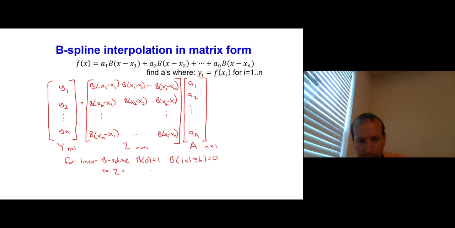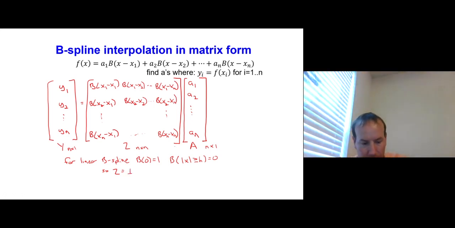And when we do that, Z simplifies down just to the identity matrix. And so if Z is just the identity matrix, then identity times A is just A, which means A is given by Y.